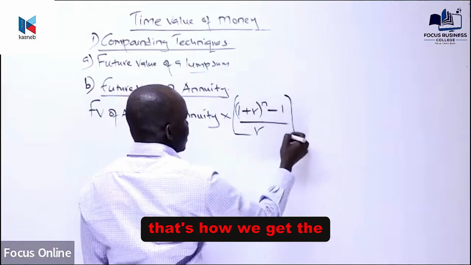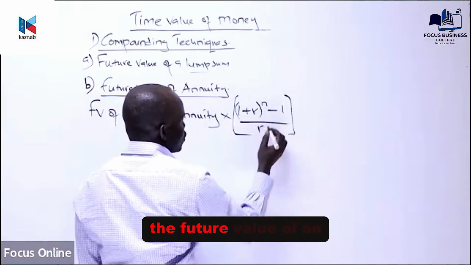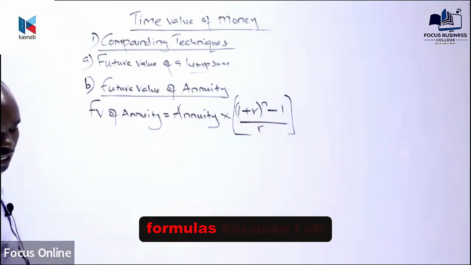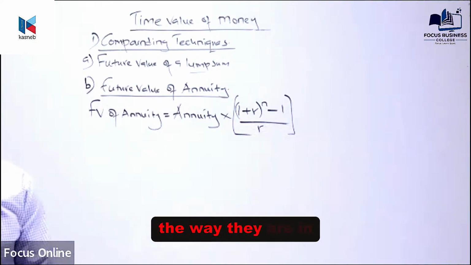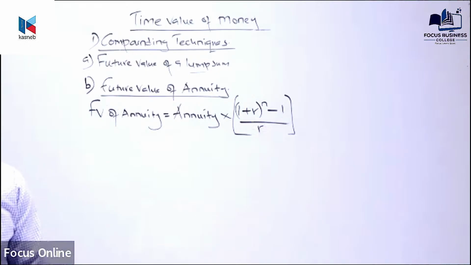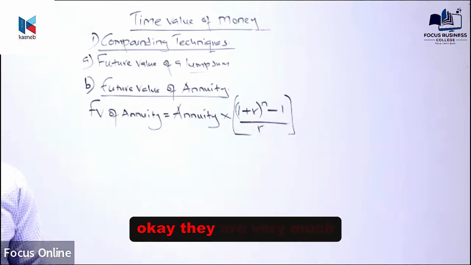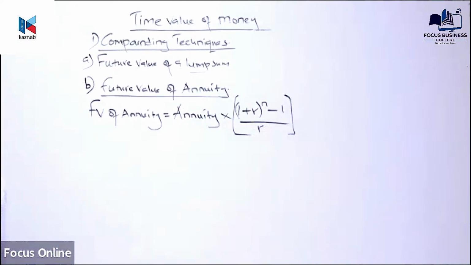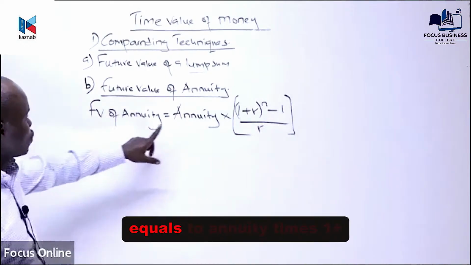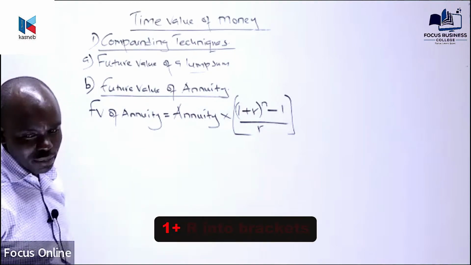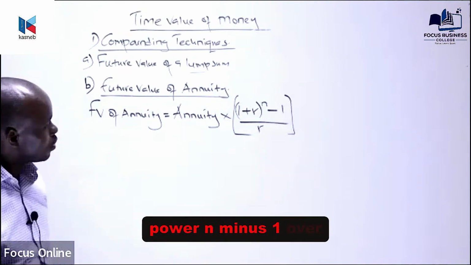That's how we get the future value of an annuity. Write these formulas because the way they are in the handout, they are very much simplified. Just write what I'm writing on the board. Future value of an annuity is equal to annuity times 1 plus r into brackets power n minus 1 over r.